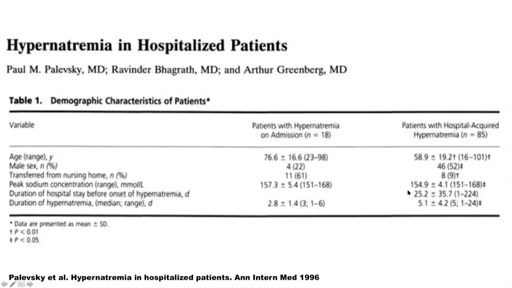And of course, unlike the South African study that I showed, you can see here that the time before hypernatremia was 25 days rather than 13 days. The patients that developed hypernatremia during hospitalization mirrored those of the general hospital population.